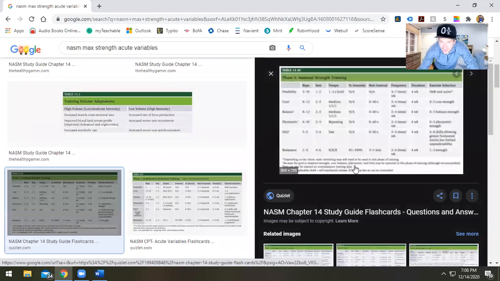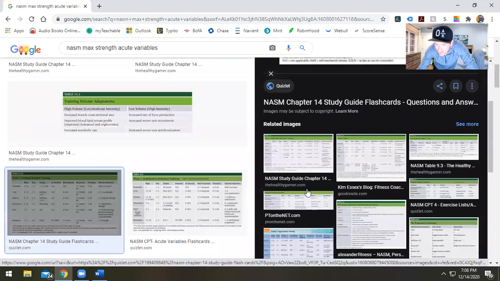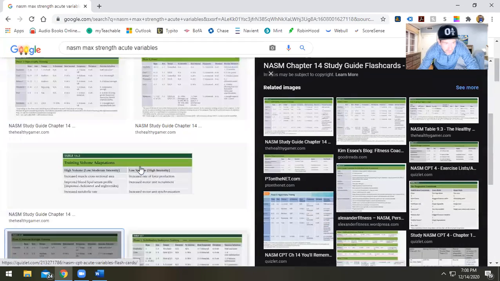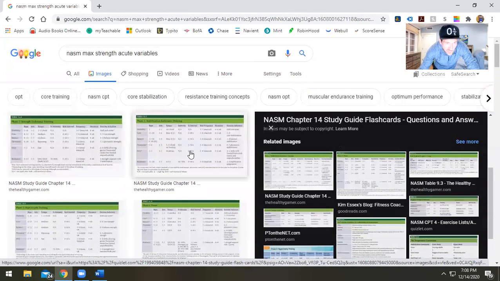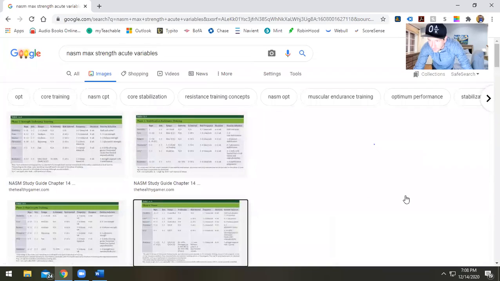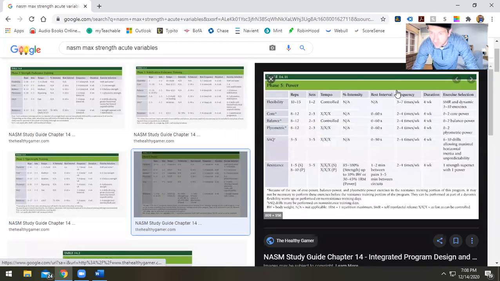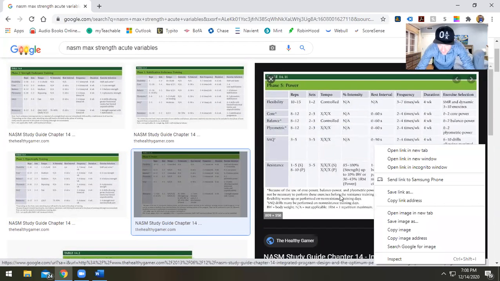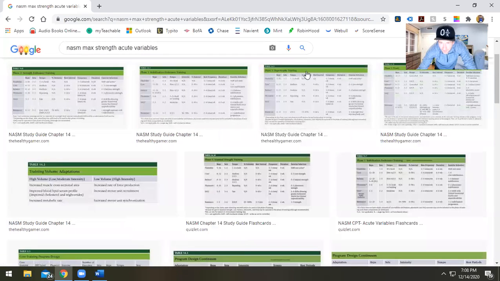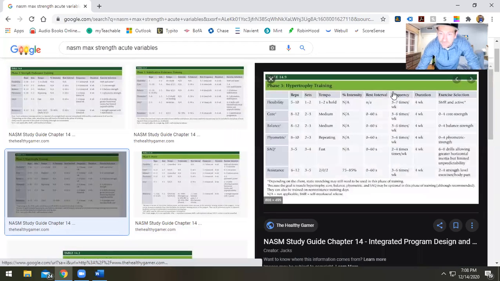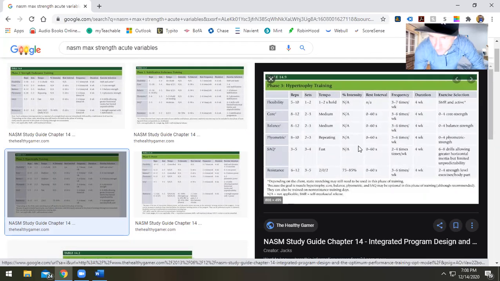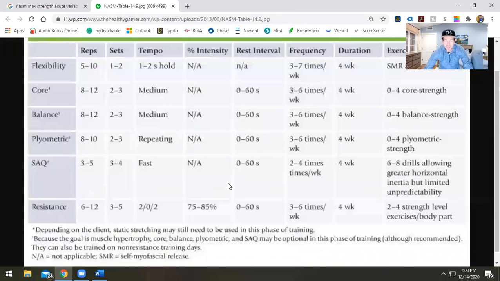Oh, you're doing me dirty, internet. Well, I can pull up the power one. Yeah, okay, it's on the power one as well. Power, it just is worded slightly different. Is it on hypertrophy? Oh, you know what? It is on hypertrophy. So there are two little asterisks on this chart at the bottom of the page.